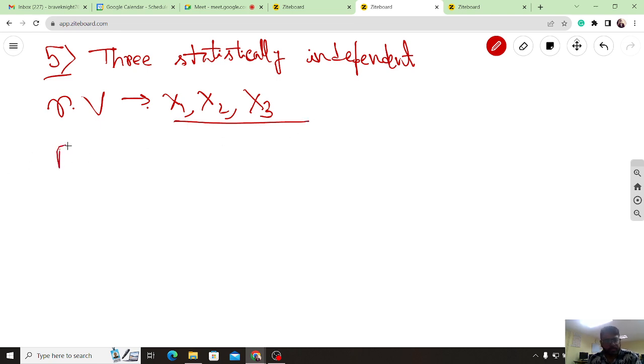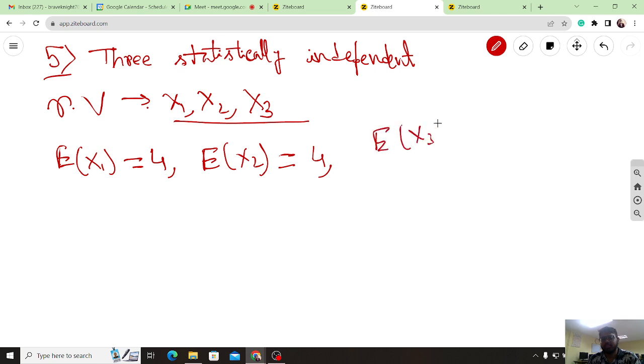The expected value of x1 is 4, x2 is 4, and the expected value of x3 is minus 1.